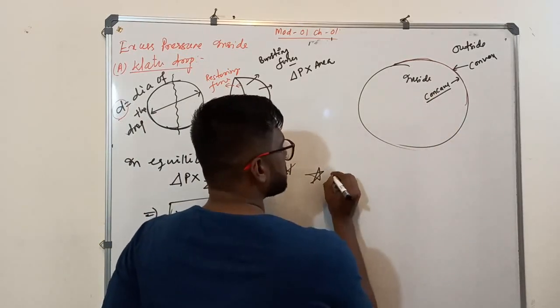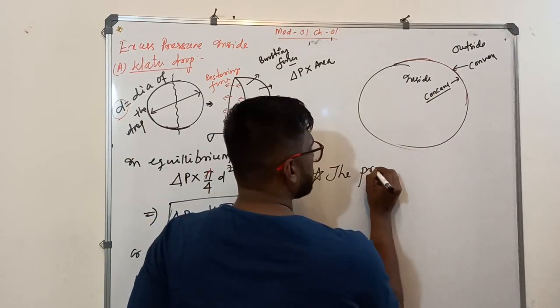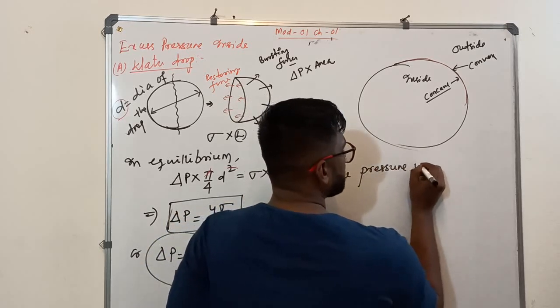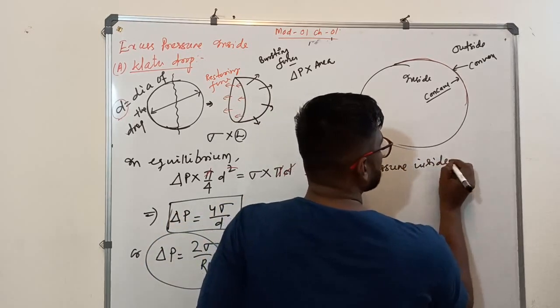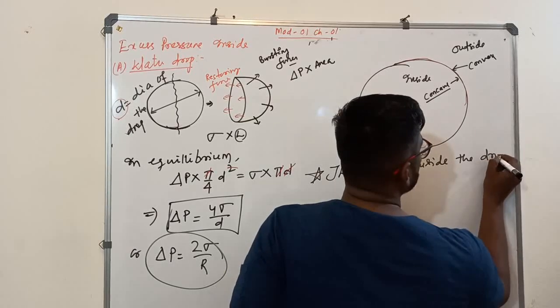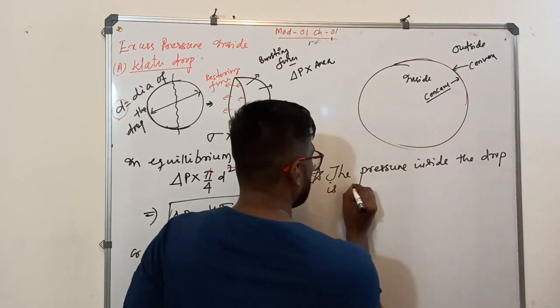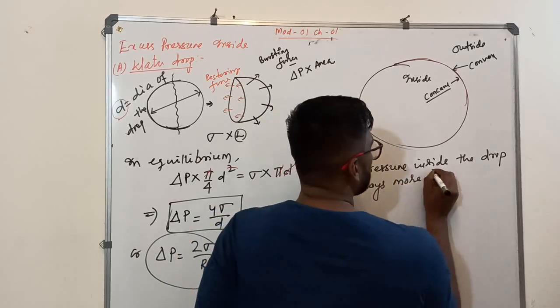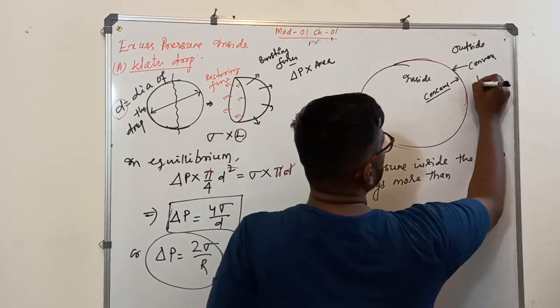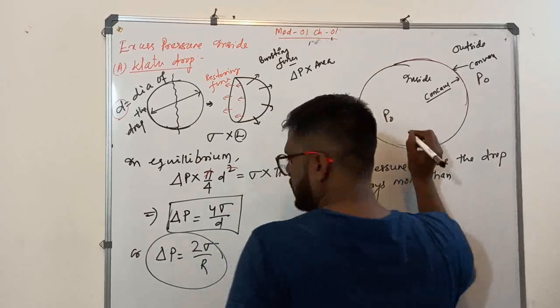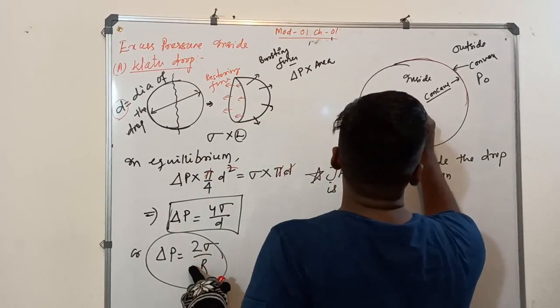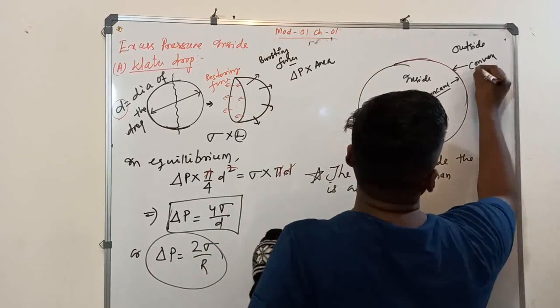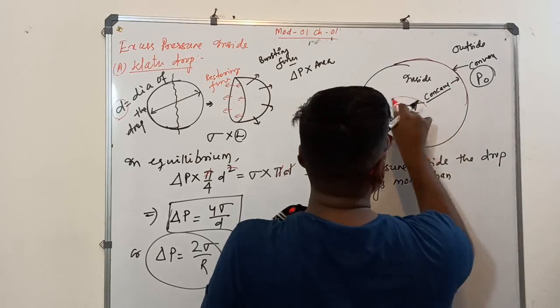Hence, the pressure inside the drop is always more, because it is excess pressure. If outside the pressure is P naught, how much is on the concave surface?